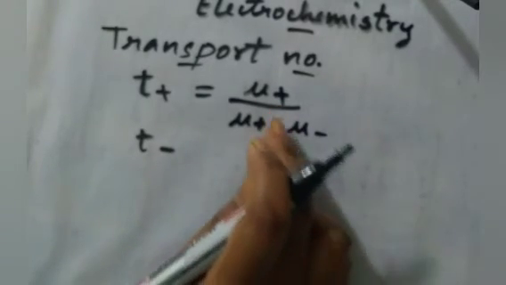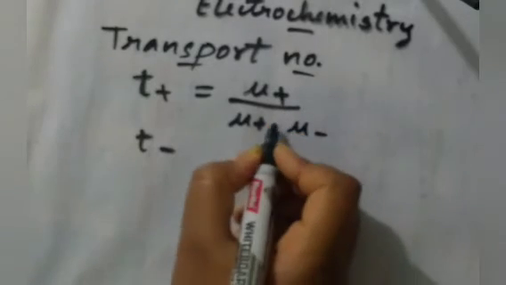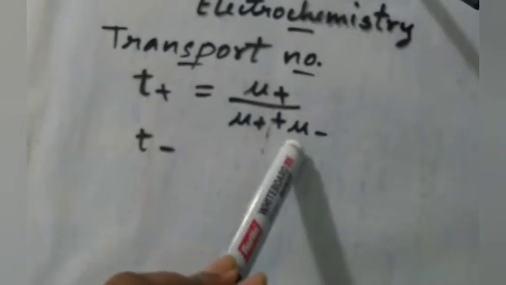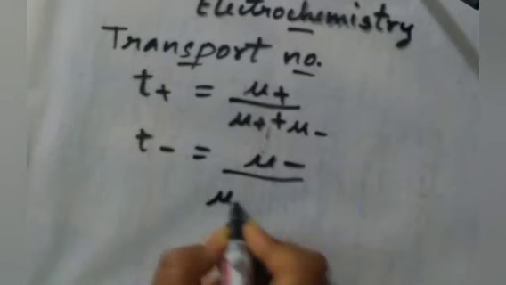Here U is the ionic mobility, U plus indicates ionic mobility of cation and U minus indicates ionic mobility of anion. So transport number of cation is equal to ionic mobility of cation divided by the ionic mobility of cation plus ionic mobility of anion. Similarly, transport number of anion is ionic mobility of anion by the sum of both ionic mobilities.